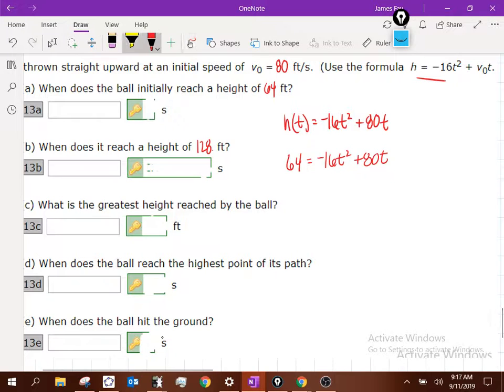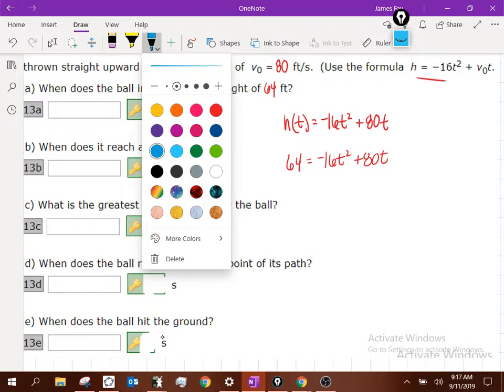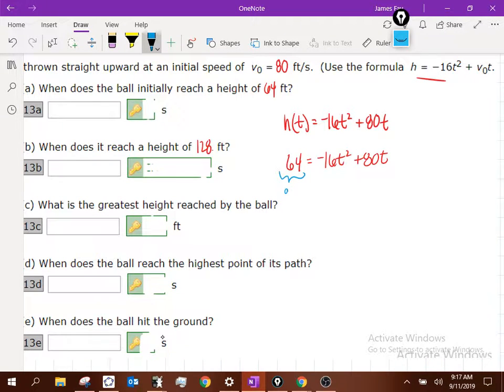I'm going to do this a couple different ways, but if I use just my calculator, I can graph that, and I can graph that, and the solutions are going to be where those two things cross, correct?